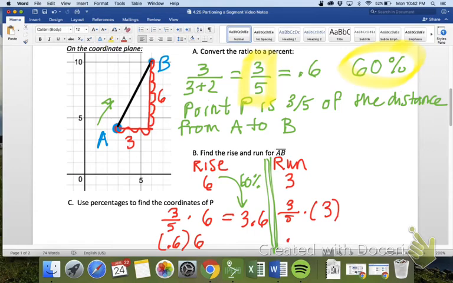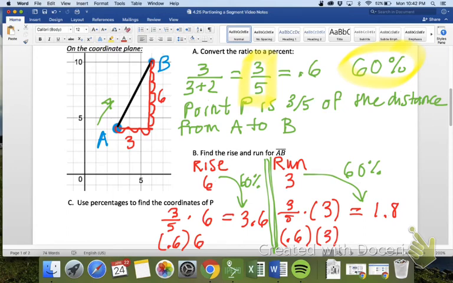Or if you prefer, you can do 0.6 times 3. And this is where you get 1.8. So then the idea again is that if we take 3 and we only run 60% of that, that means we should only go over 1.8.